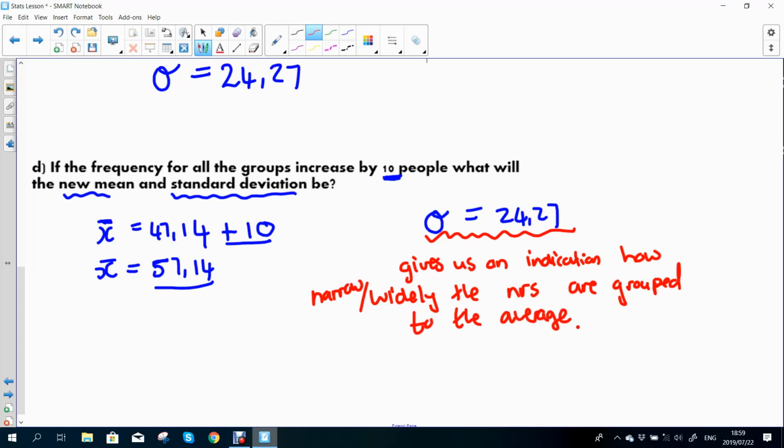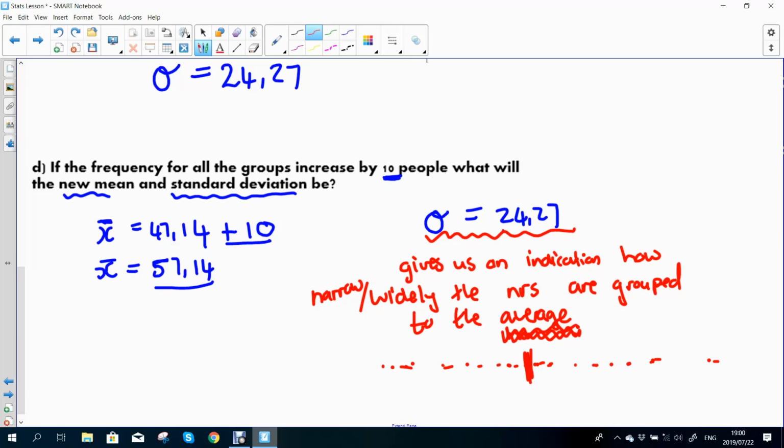So how close are all my values to my mean? Are the numbers very close to the average, or are they very far away from the average? That is what the standard deviation gives me.